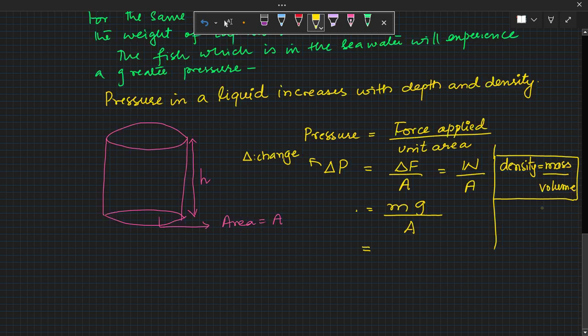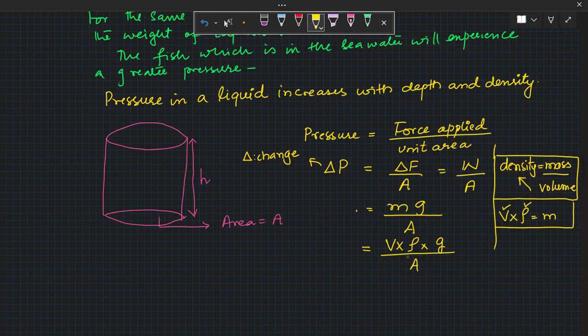If I make mass the subject, I have to shift the volume to the density side, so it becomes volume times density equals mass. Can I place volume and density here, keeping the area? Yes, this is what I have done here.